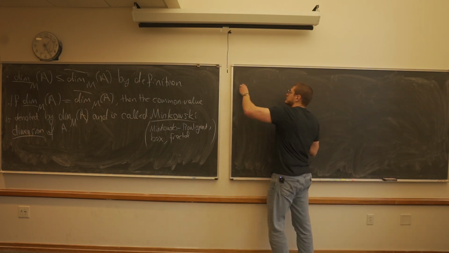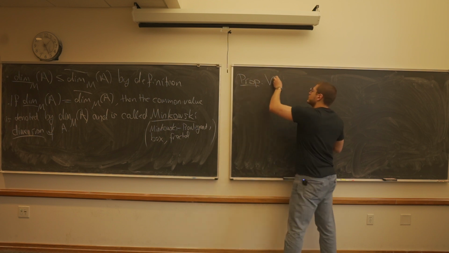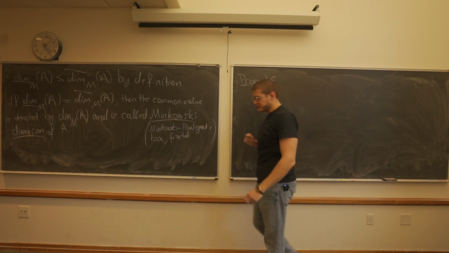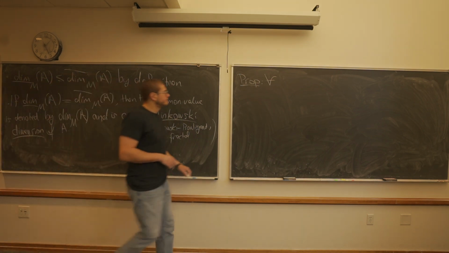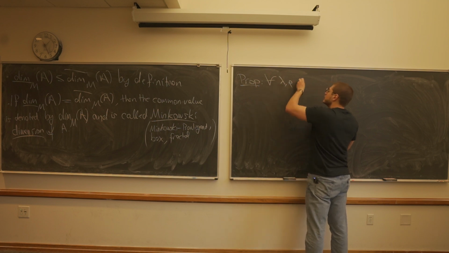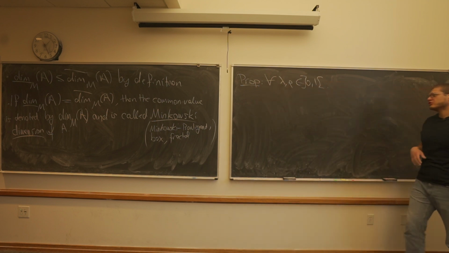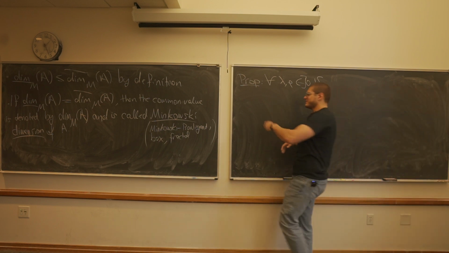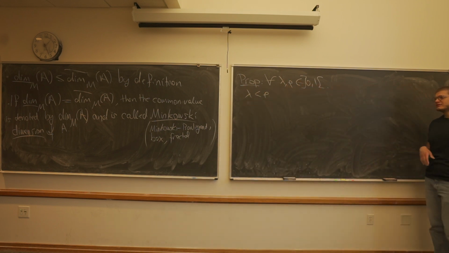So let's write it like this. Proposition. For any two numbers, lambda and rho, strictly between 0 and 1, let's say that lambda on the left is less than the one on the right, rho.